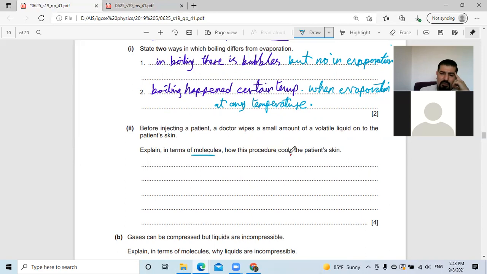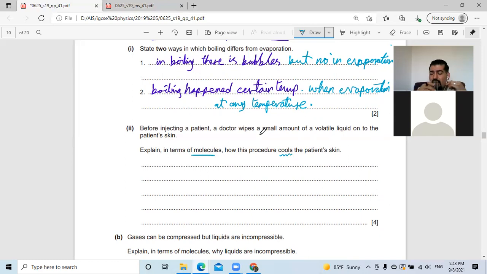Now, why does it cool the skin? Because this liquid will evaporate, and as it evaporates, it needs energy to break the bonds to change from liquid to gas. From where will it gain this energy? From the body of the patient. So the body of the patient loses energy, and that's why it cools down.